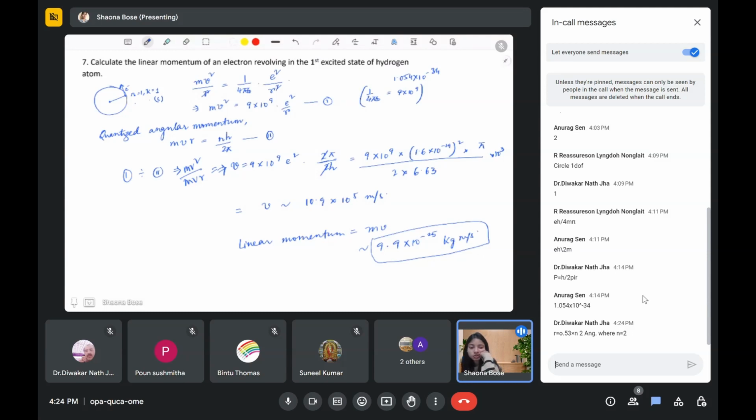Dr. Jha says r is equal to 0.53 cross n square angstrom, where n is equal to 2.